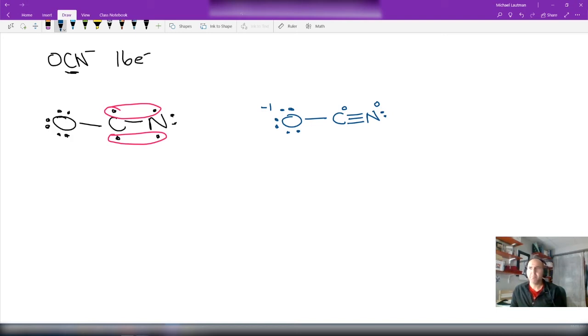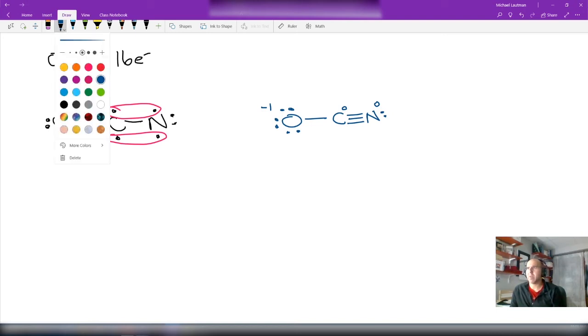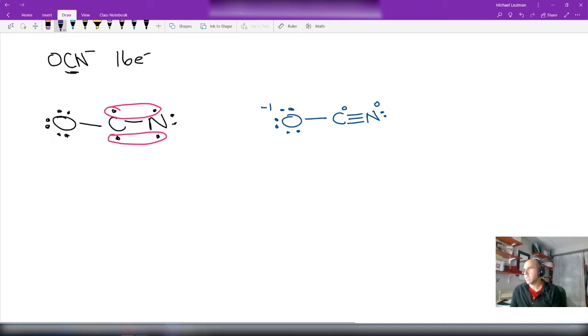So that's good. But I could imagine a Lewis diagram for this molecule that looks like this. And if I come up with this one, let's evaluate the octet rule and formal charge. 1, 2, 3, 4, 5, 6, 7, 8.